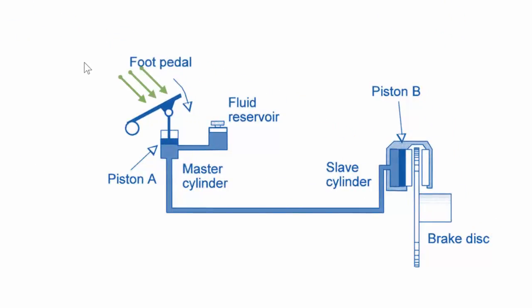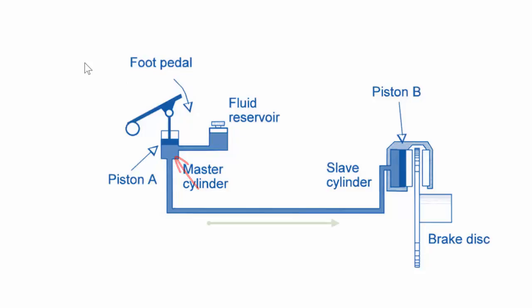If we press this foot pedal, this movement creates pressure in the main cylinder, the master cylinder. This pressure goes to the slave cylinder, and the pressure makes the brake pads push the brake disc, and so we have the braking action.